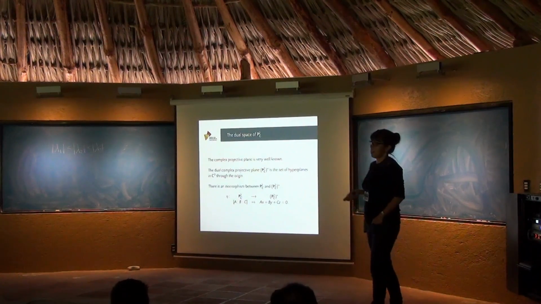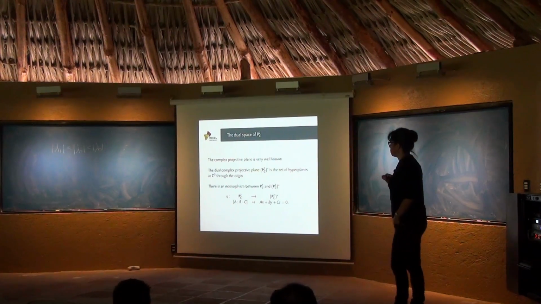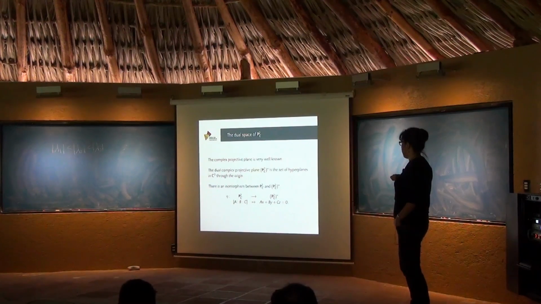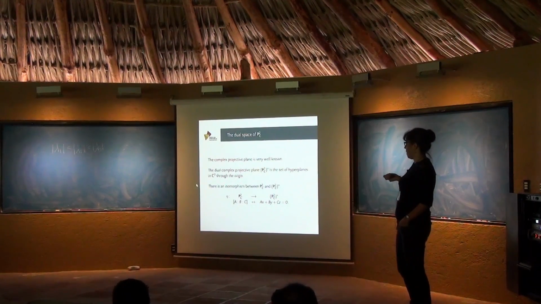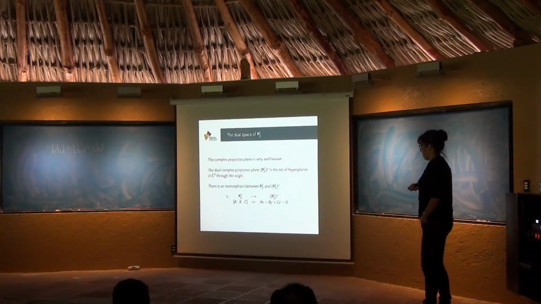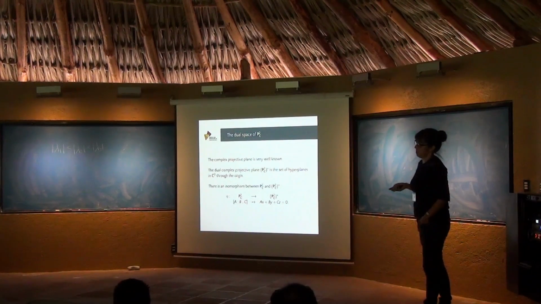So I will be interested in closed subsets in the dual space of P2C, and we think of this space as the set of hyperplanes in C3 through the origin. These two spaces are isomorphic, and this is the isomorphism, okay?